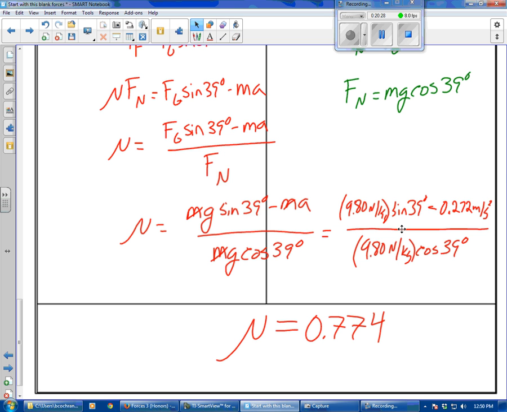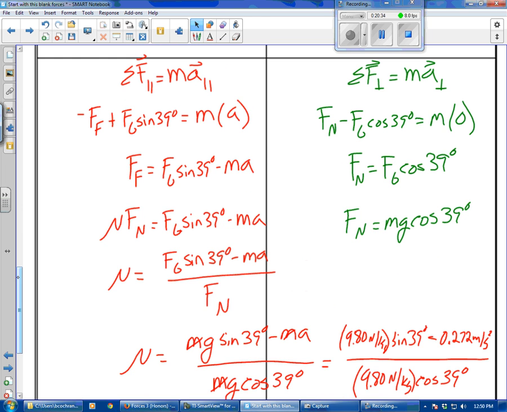But now you can go back up and plug in your values for the frictional force. Now you know everything. So my last step would be to plug in mg times sine of 39 minus m times a, because they do tell me m.